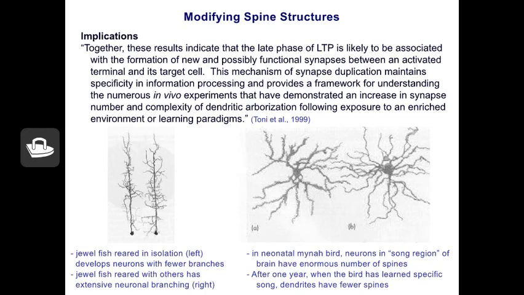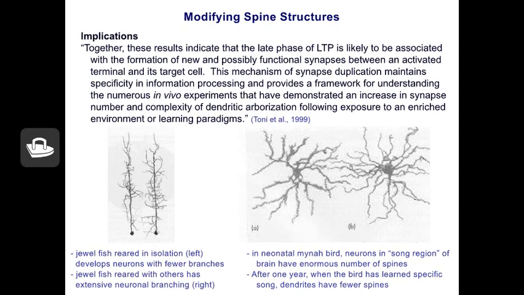The jewelfish, of all things, reared in an enriched environment, and believe me, I have no idea what an enriched environment is for a fish. But the jewelfish reared in an enriched environment has more elaborate dendritic architecture with more spines on more complex, extensively branched dendrites.